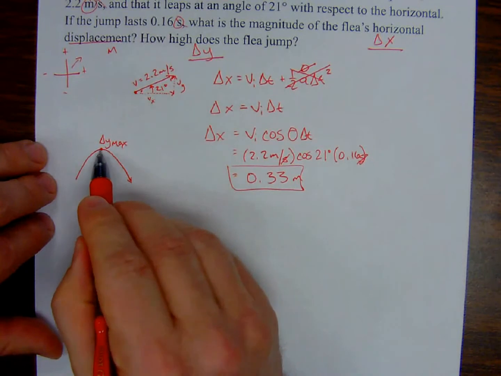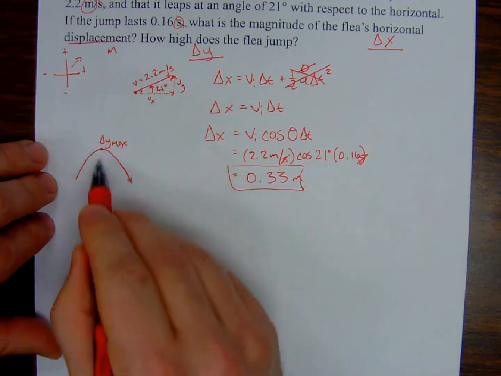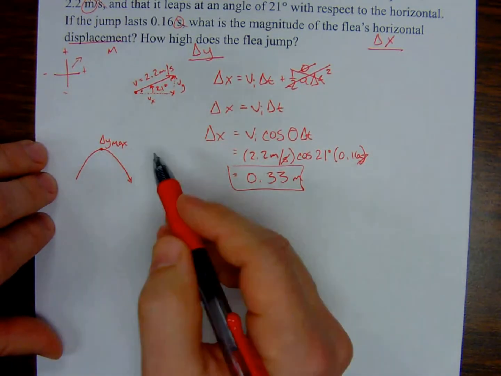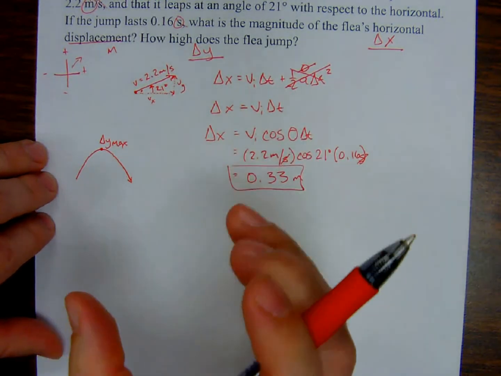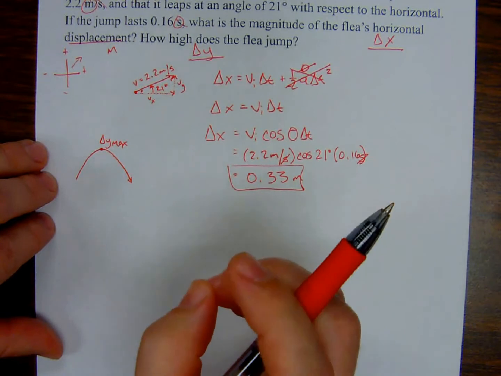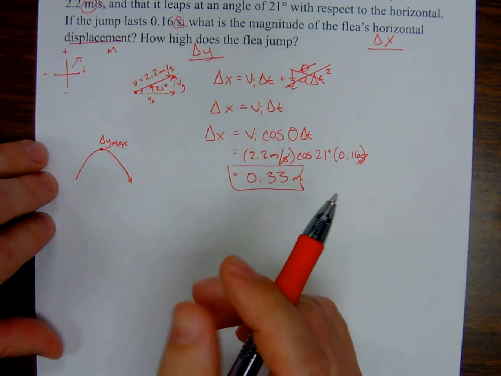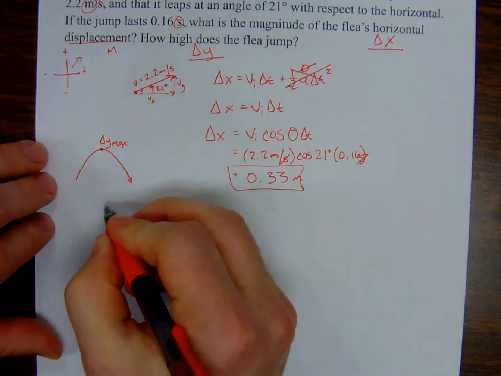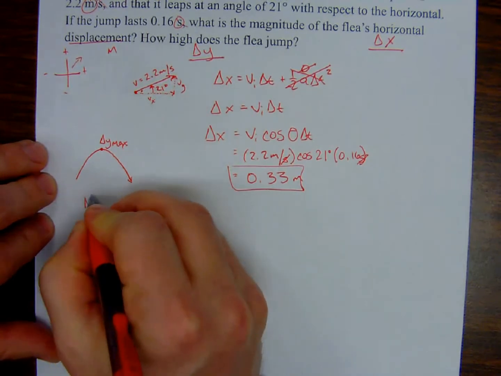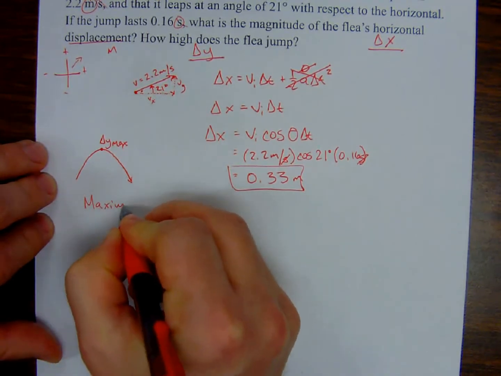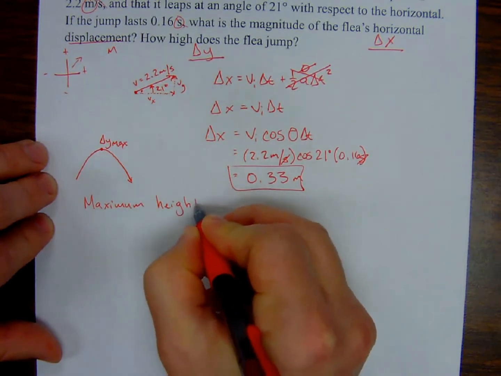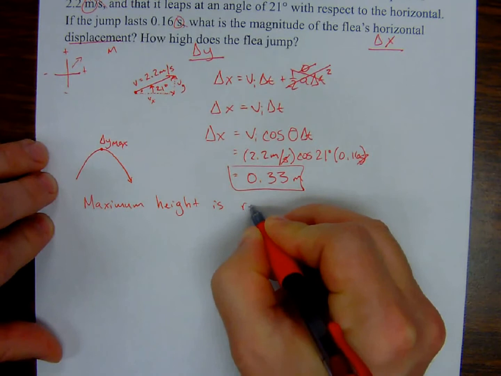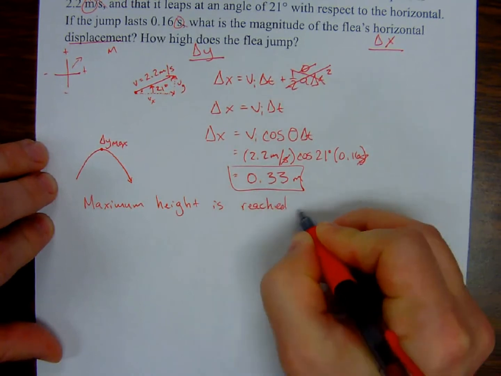Maximum height is reached in a time interval of delta t divided by 2, half of it, right? Half of the time.